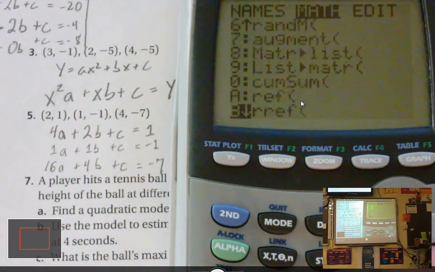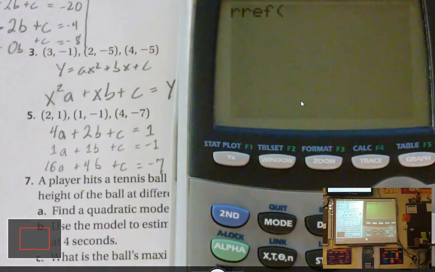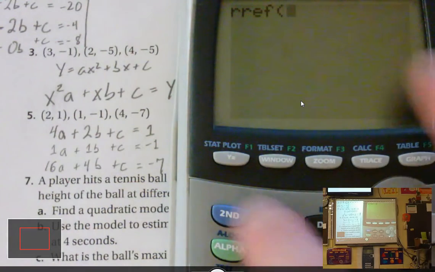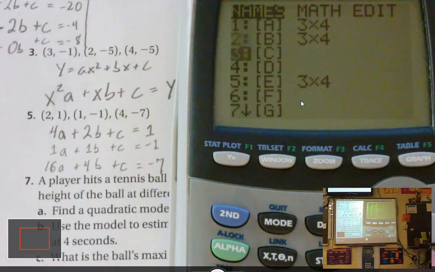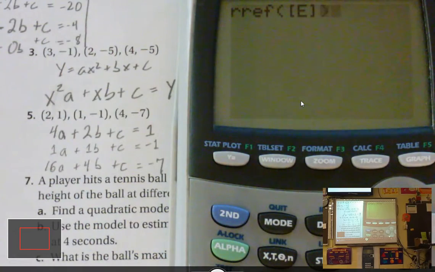Scroll down to RREF or just hit B. Plug that to your main menu. We want to RREF matrix E, so in your matrix menu, select E. We're not editing now, we're just selecting. Close your parentheses, and that builds.